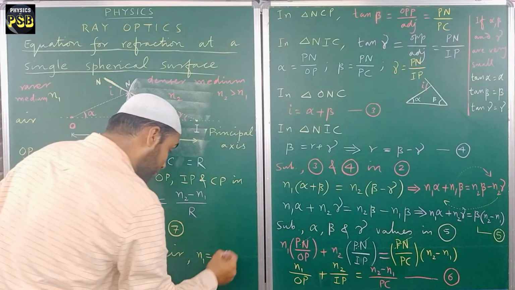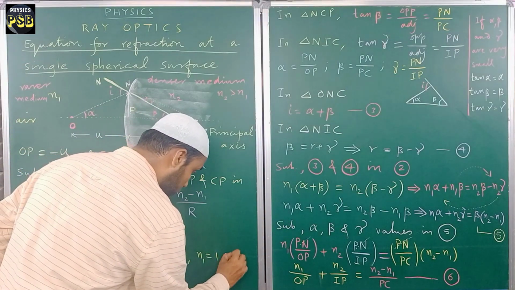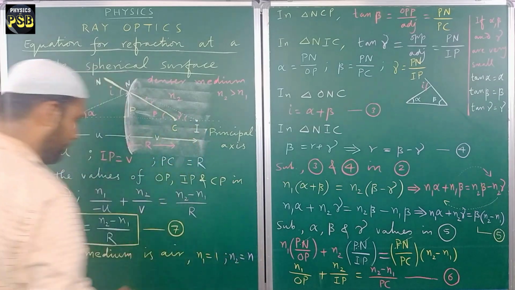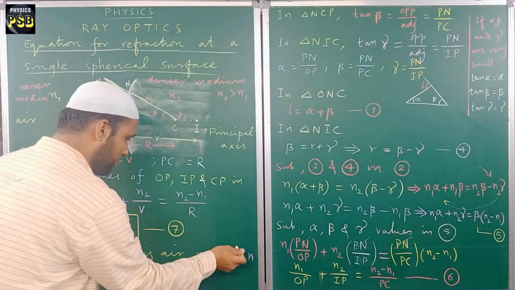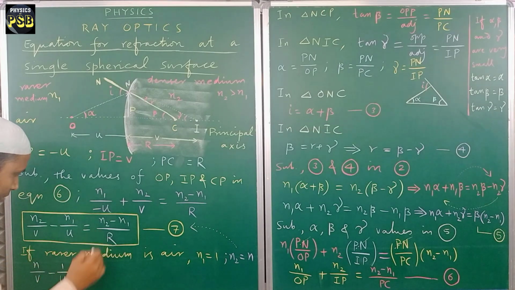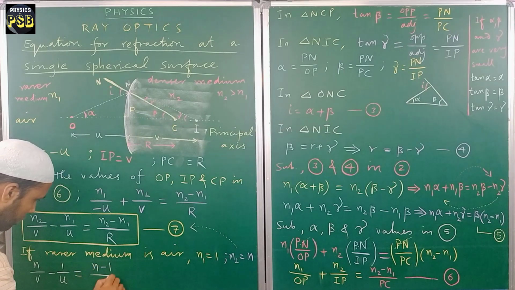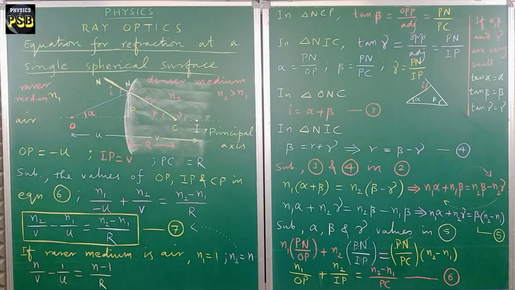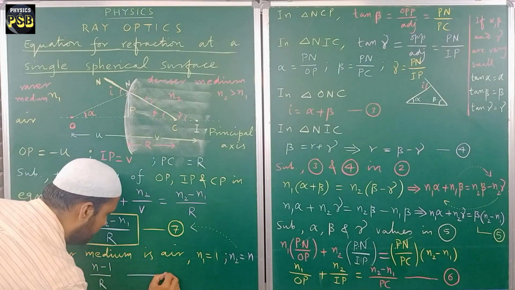Then N2 can be chosen as N. Now by substituting these values in equation number 7, what do I get? In the place of N2 I take N divided by V, and in the place of N1 I take 1 upon U, and the right side becomes N minus 1 upon R. This is equation number 8.